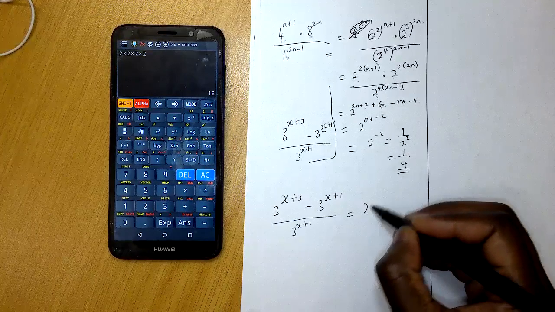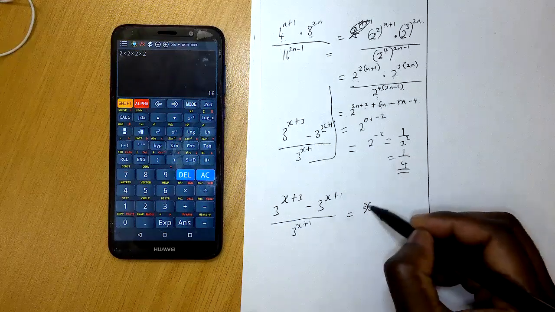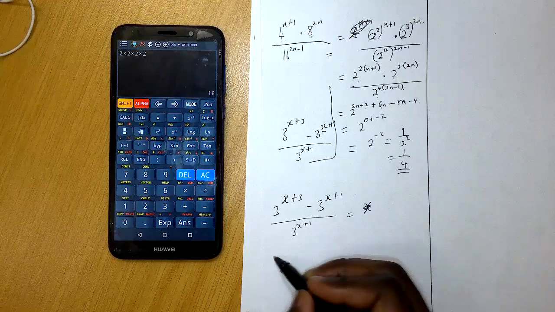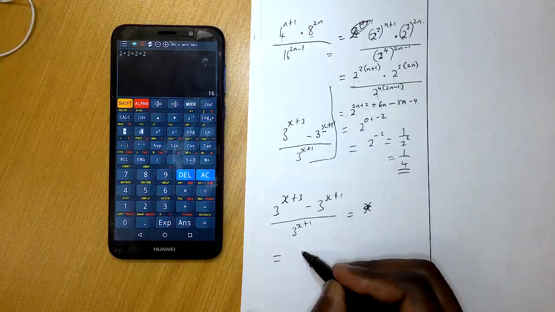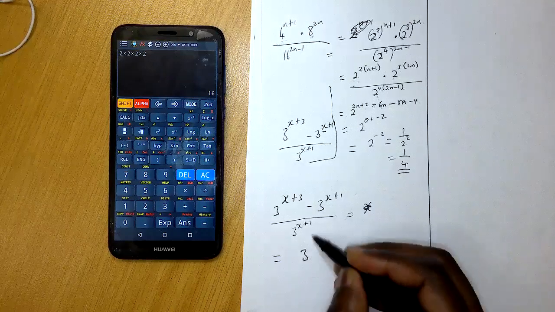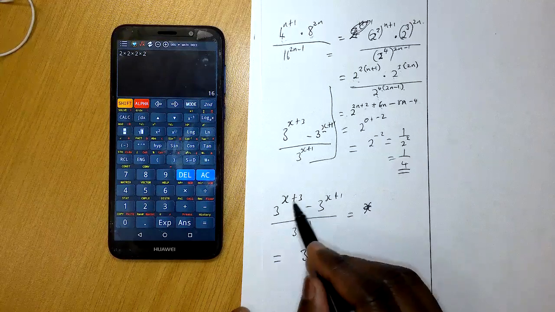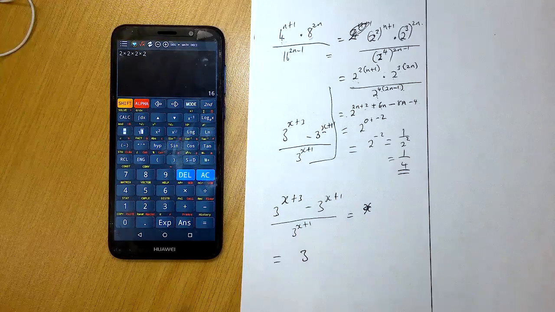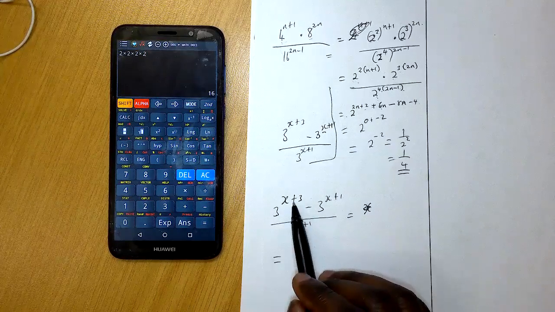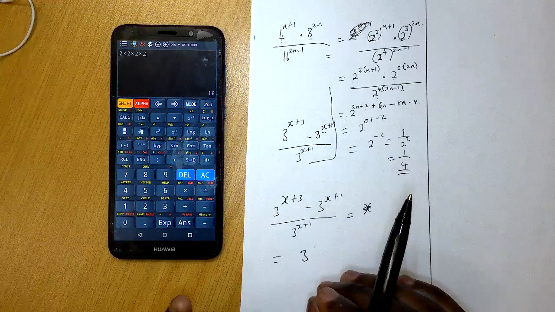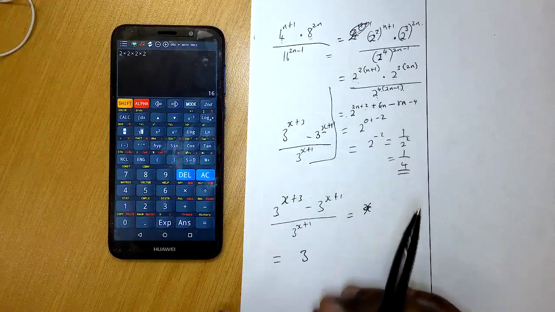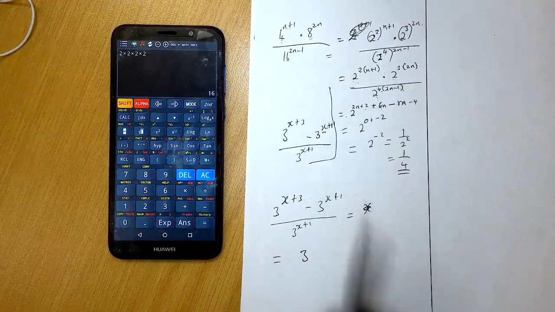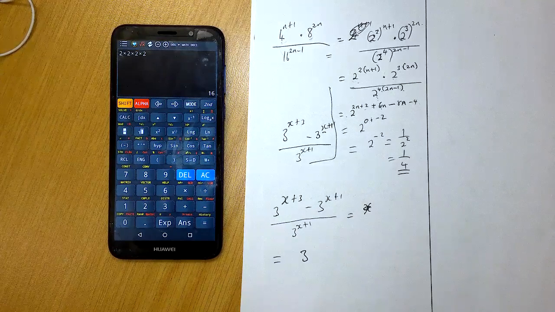3 to the power of x plus 3 means that it was 3 to the power of x times 3 to the power of 3, of which 3 to the power of 3 you can express in other ways as well.